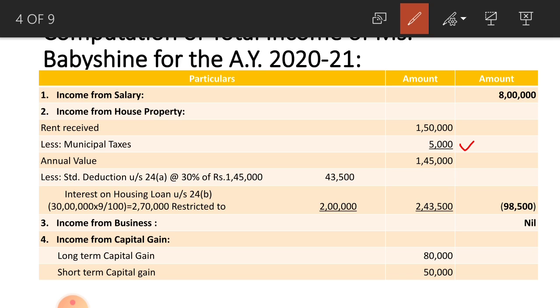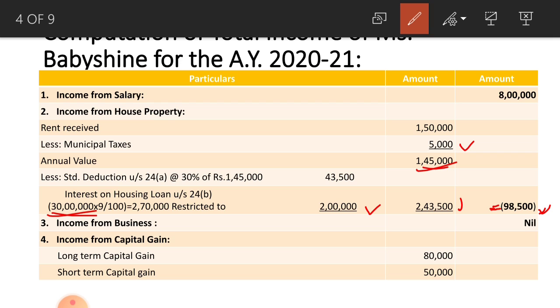See, on the loan amount 30 lakh at the rate 9% per annum, that amounts to 2,70,000, but under this section the maximum limit is 2 lakh. So, the total deduction from annual value amounts to rupees 2,43,500. That exceeds the annual value, that means there is loss from house property of 98,500 rupees, that you have to write inside the bracket, or you have to put a subtraction symbol against it. Better you put a bracket for this amount.